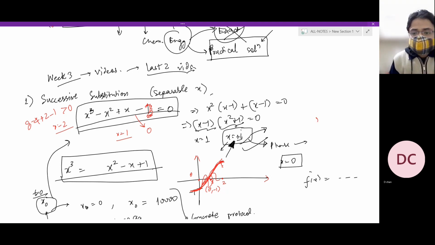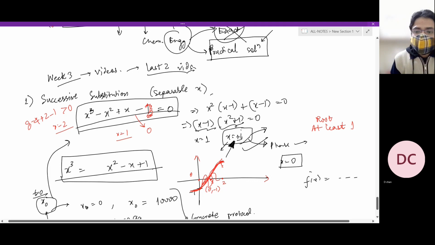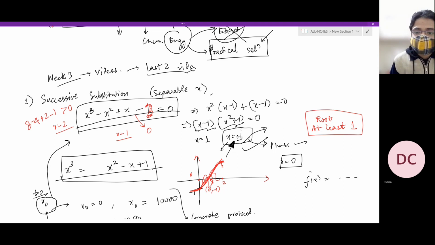So for the root of the problem, at least one root, there might be hundreds of roots, but we don't care about them. We just talk about a single root. At least one root will lie between 0 and 2. And you could just take this as an open interval, because you know that 0 and 2 are not the roots of the function.